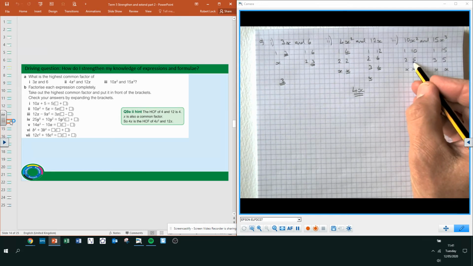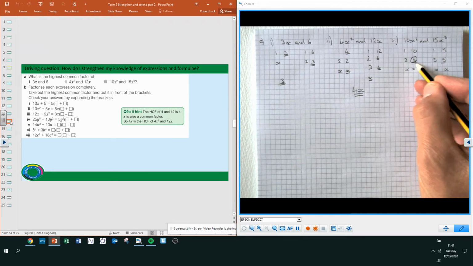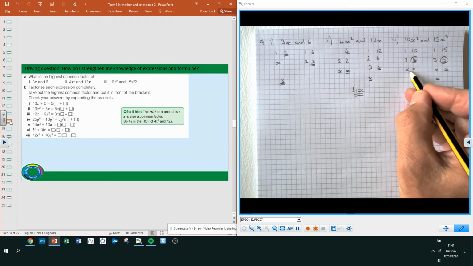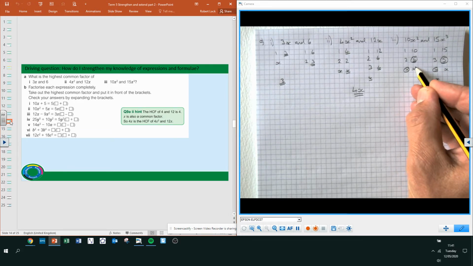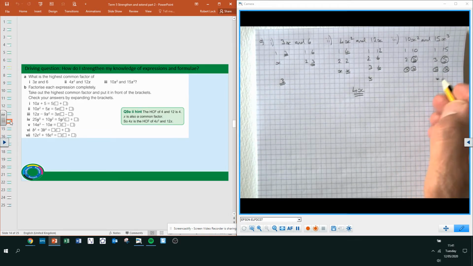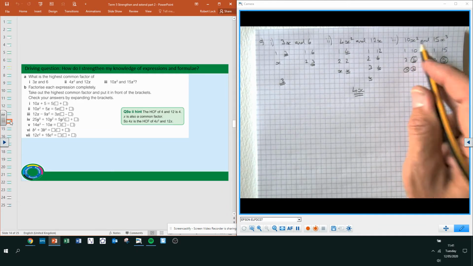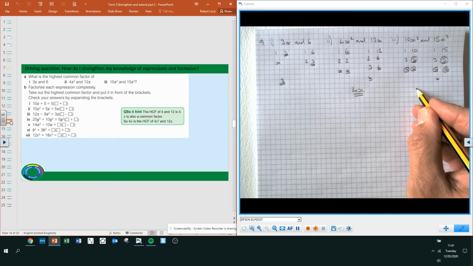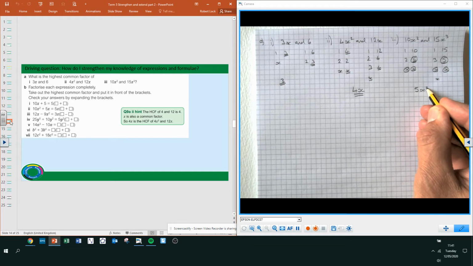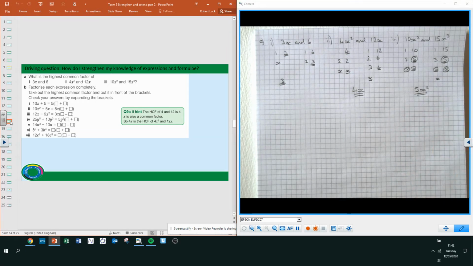Highest number, 5. You put a ring around 5, and a ring around letters that are common to both. So the highest common factor of 10x squared and 15x cubed is 5x squared. So B, taking it a little further.